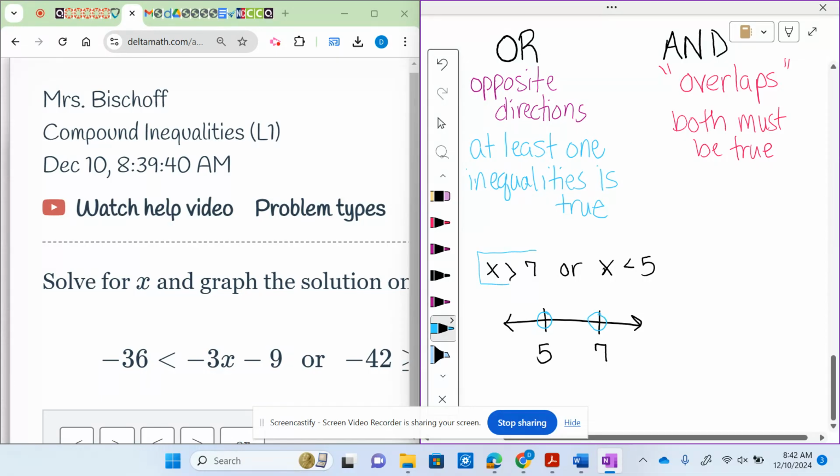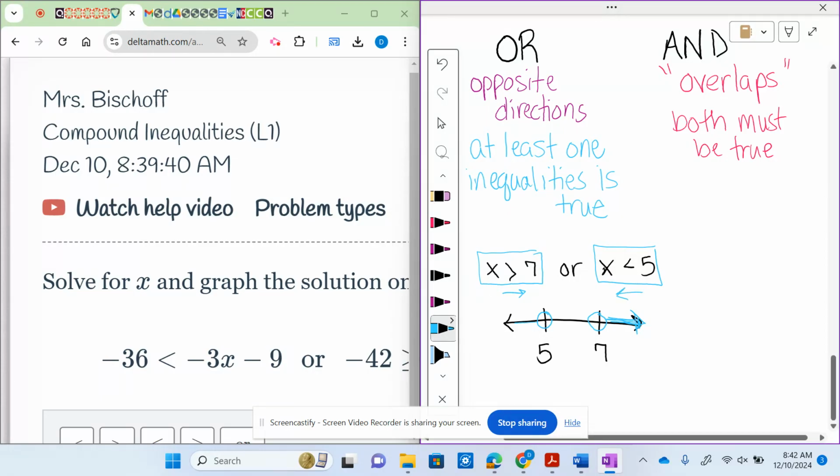What direction does x is greater than 7 go? What direction do I shade? I shade to the right. What direction does x is less than 5 make me shade? To the left.